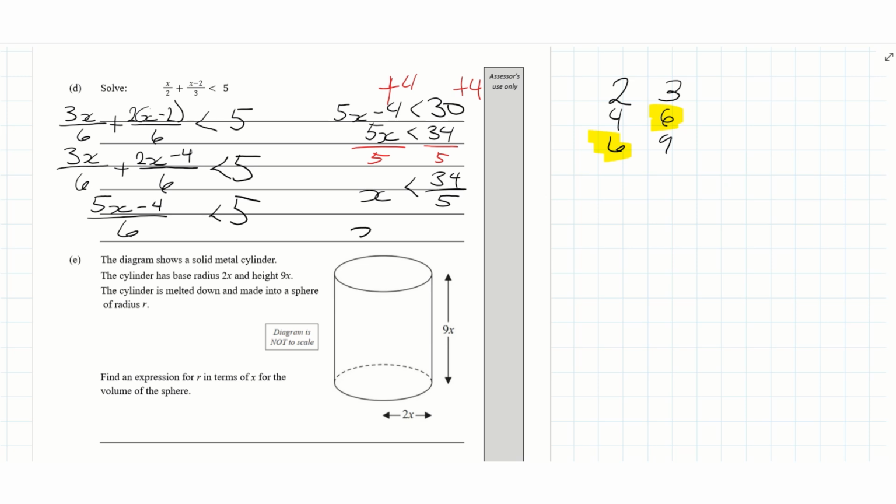You could also, if you want to, check this in your calculator, or I could do it in my head, which is going to be 6.8. x is less than 6.8. Either one of those two things is fine. You could either finish up with this or you could finish up with this. It doesn't matter. A fraction like that is a perfectly acceptable answer in NCEA.